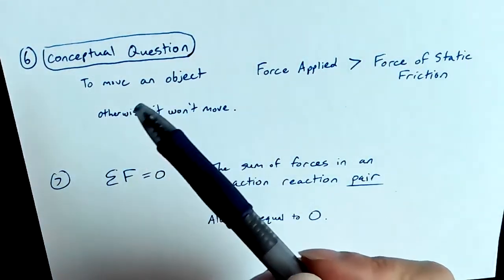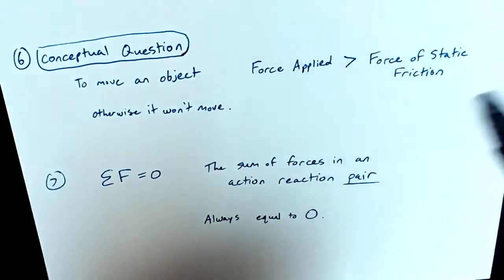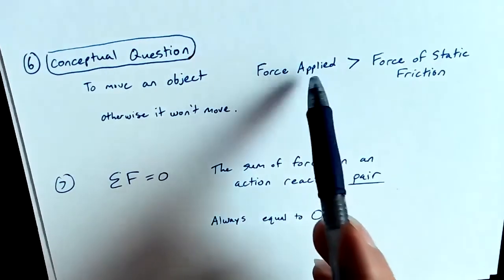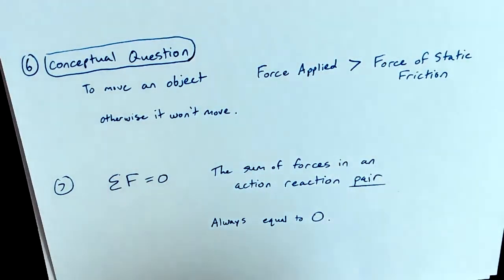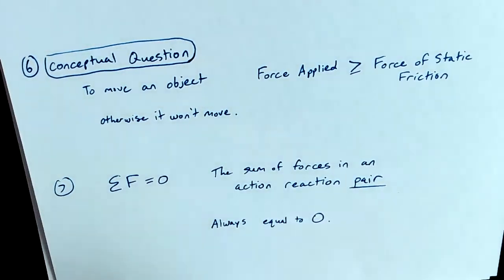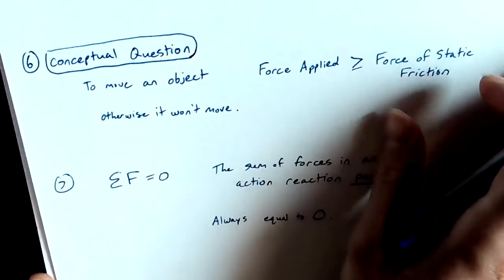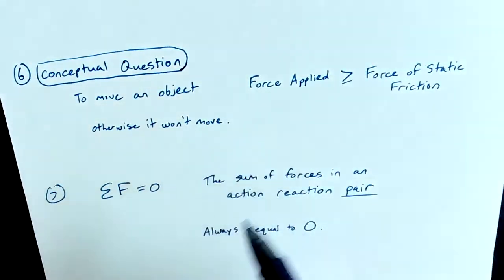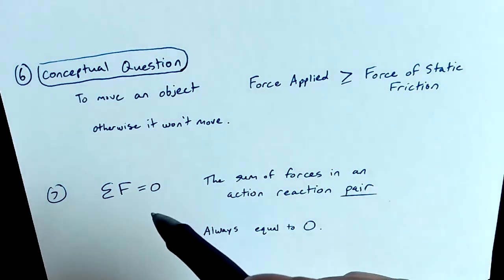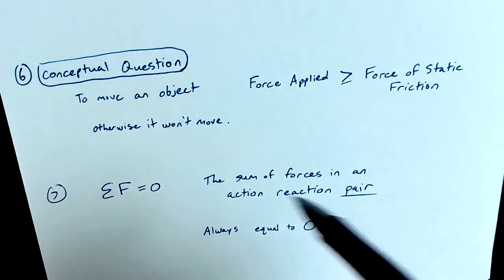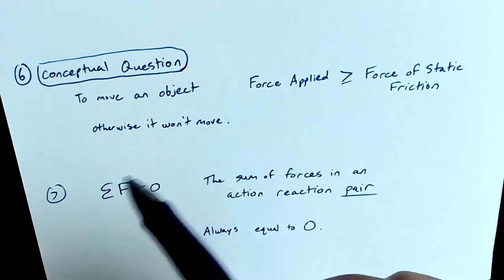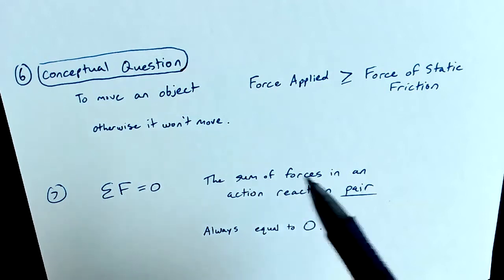And another conceptual question, 6 and 7 questions actually. But to move an object, the force applied has to be greater than or equal to the force of static friction. Otherwise, it won't move, right? And if the sum of forces in an action-reaction pair are equal to each other, this always equals 0, okay?